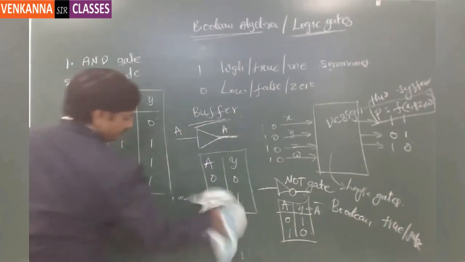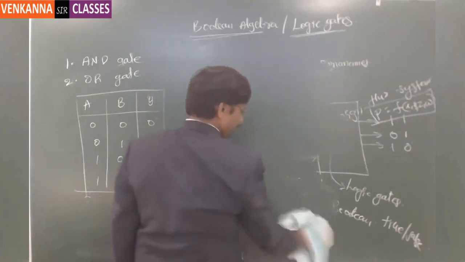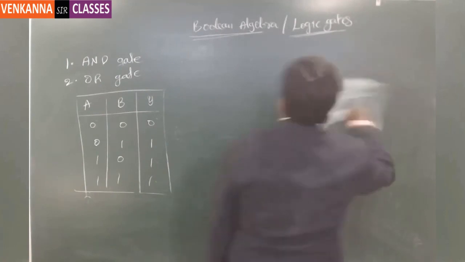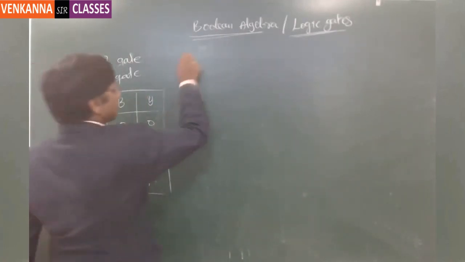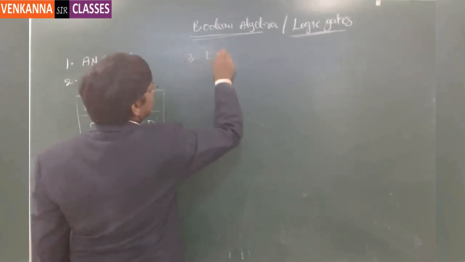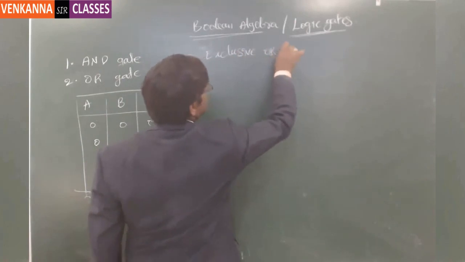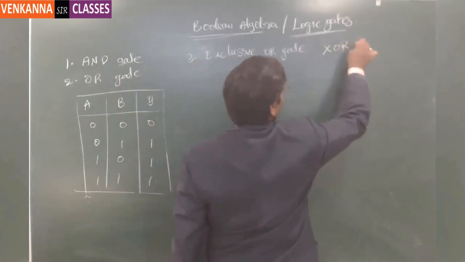So then next is the exclusive OR gate. The exclusive OR gate is sometimes called the XOR gate.